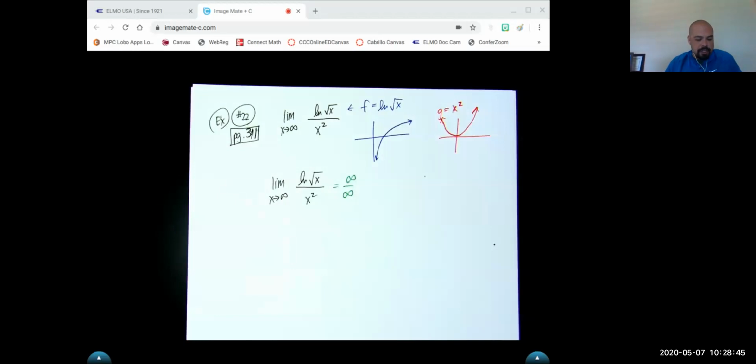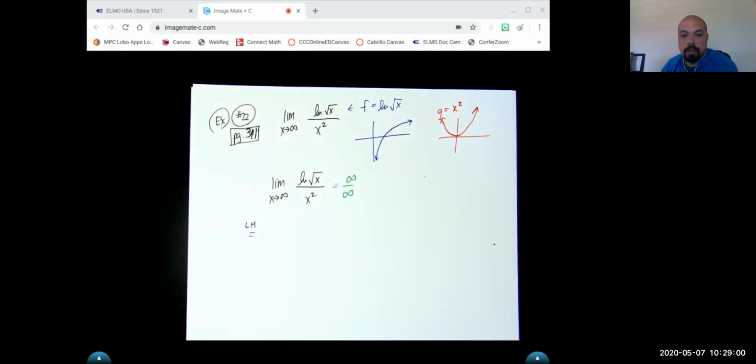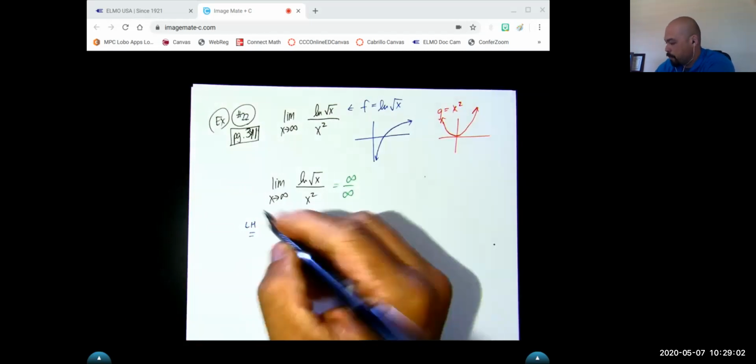We'll see other versions in just a minute, and I'll back up and we can try another problem. But looking at that infinity over infinity, we can use L'Hopital's rule.